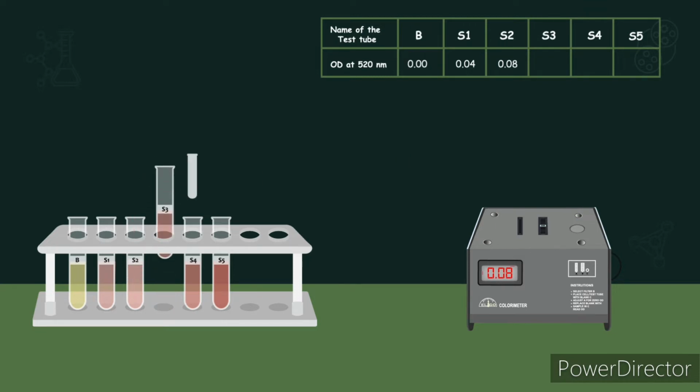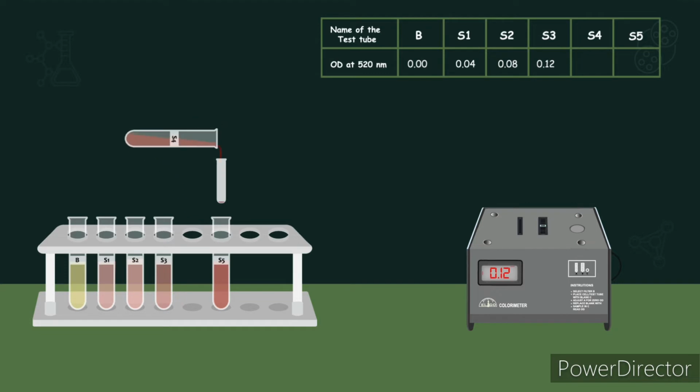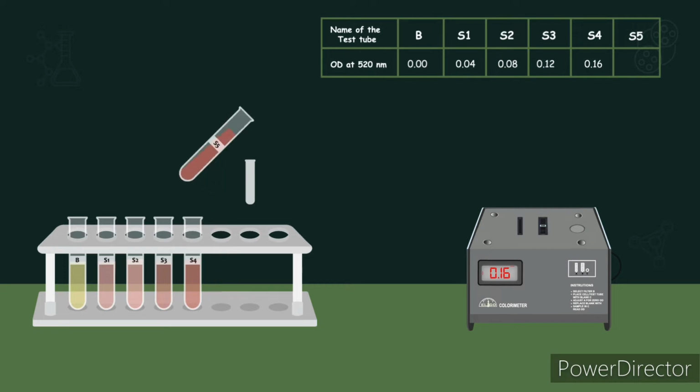So as the concentration of maltose used increases, the value in the spectrophotometer at 520 nanometer increases.